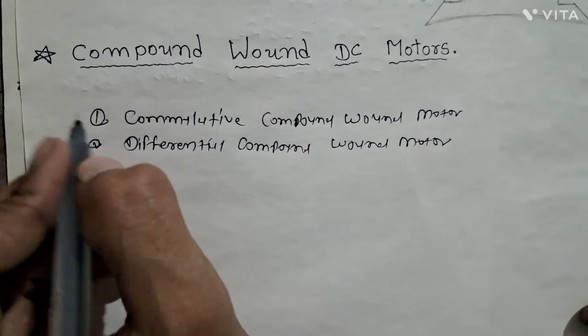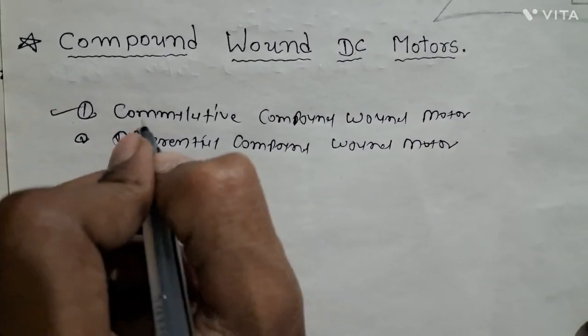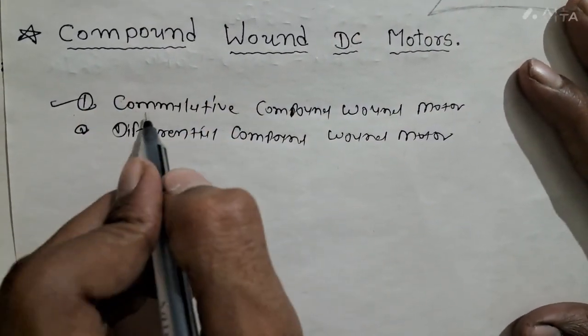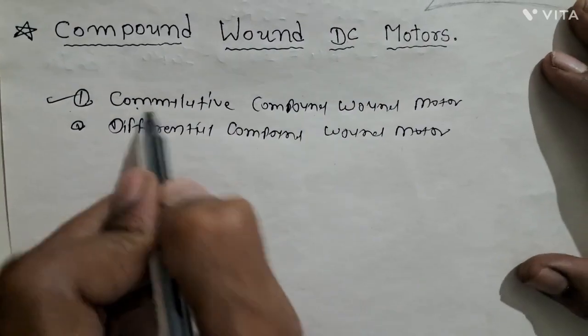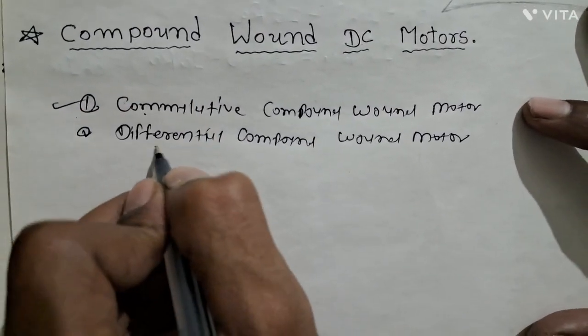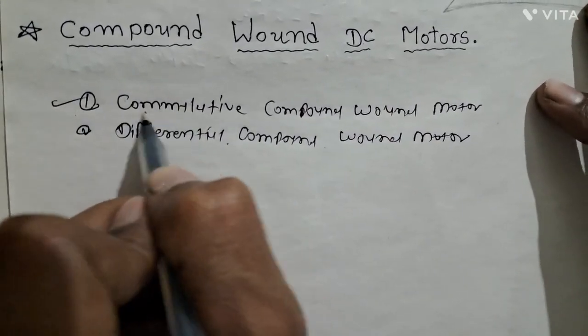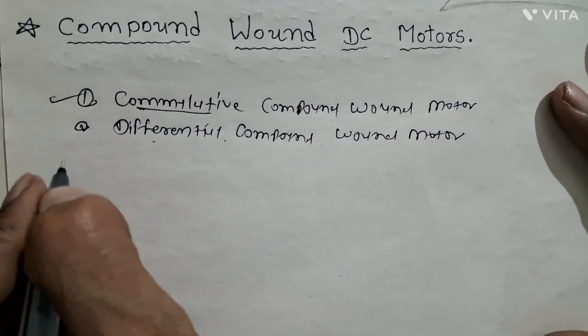So there are two types of motor: the cumulative compound wound motor and the differential compound wound motor. First is the cumulative compound wound motor.